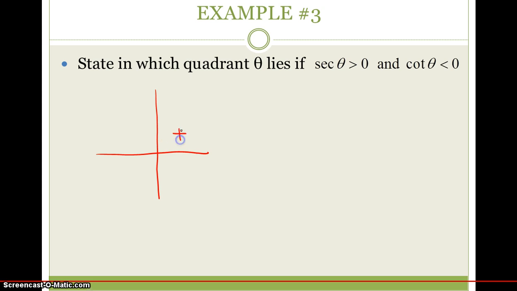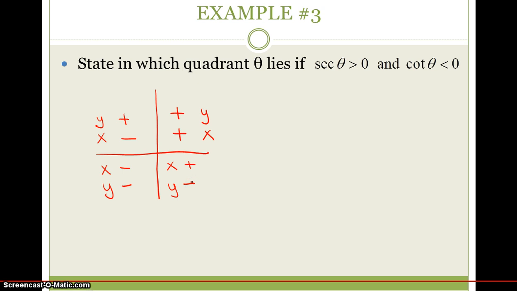Remember, x and y are positive and positive here. X is negative and y is positive in the second quadrant. In the third quadrant, our x's are negative and our y's are negative. And then in the fourth quadrant, our x's are positive and our y's are negative.